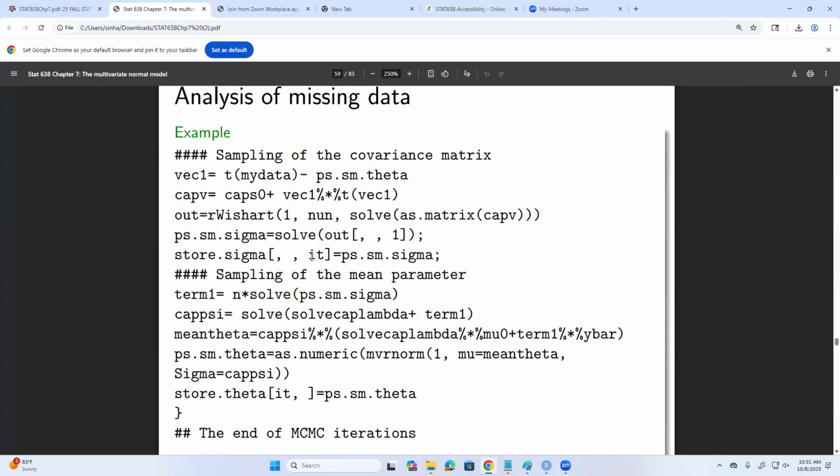That will be analogous to what you are looking for, the confidence interval, right? If you just take only 5,000 samples for one imputed data and calculate the credible interval, that will ignore the uncertainty of imputation. But when you combine all the posterior samples from different imputations, that takes into account the uncertainty.